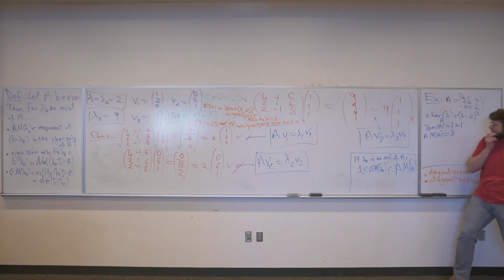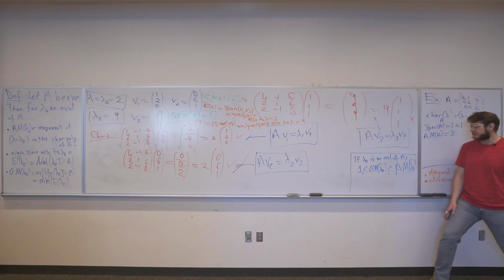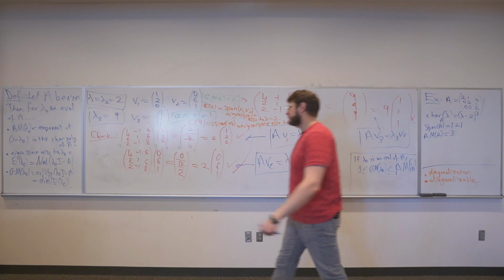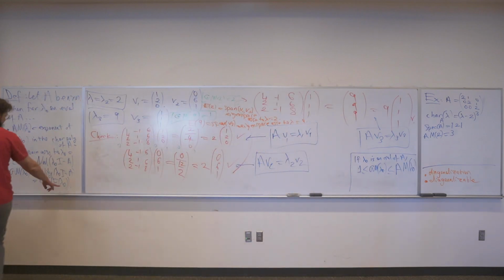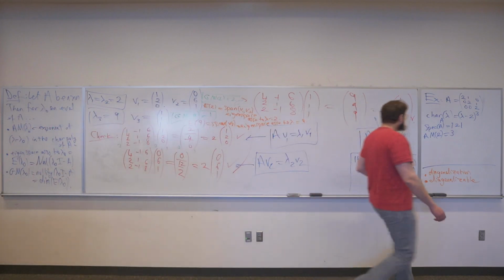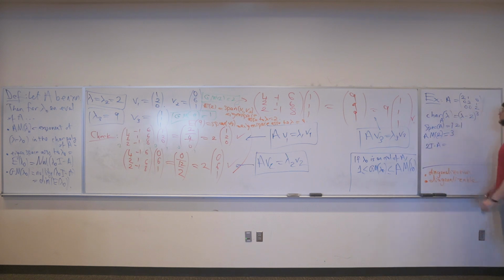So GM of 2 then could be either 1 or 2 or 3 in this case. Well, we need to just look at the equation, right? GM is the same thing as the dimension of the eigenspace of 2. The eigenspace of 2 is the null space of 2 times identity minus A. What is 2 times identity minus A? Well, you just get rid of the diagonal entries, and you're left with this.